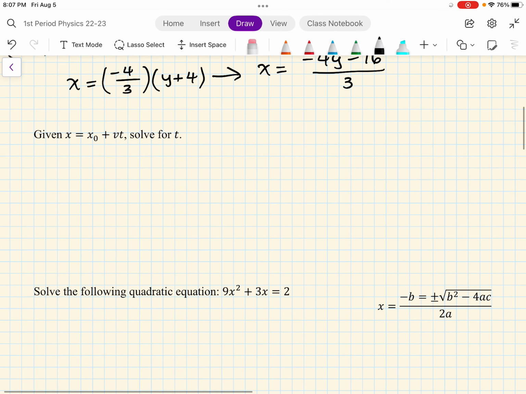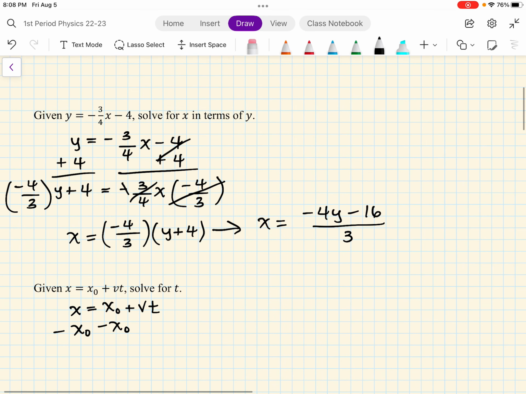Now, let's solve for t. I'm going to rewrite my equation, x equals x naught plus vt. The first thing I'm going to do is move this x naught term. Again, it represents a number, a physical quantity. I don't know what that is yet, so I'll just move it as if it were a number, in the same way we moved negative 4 over here.